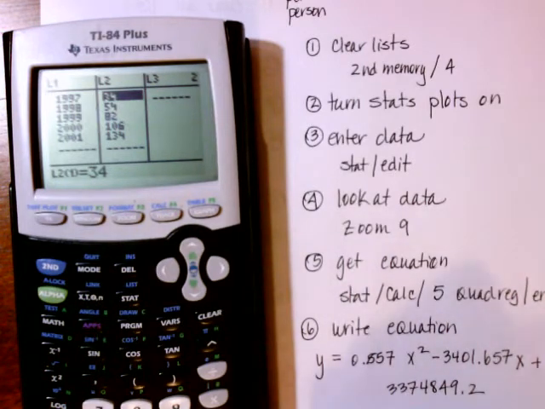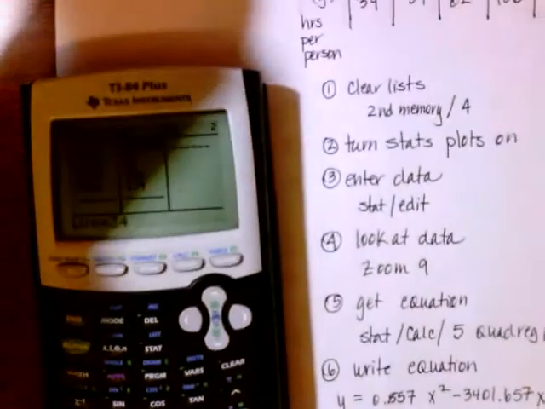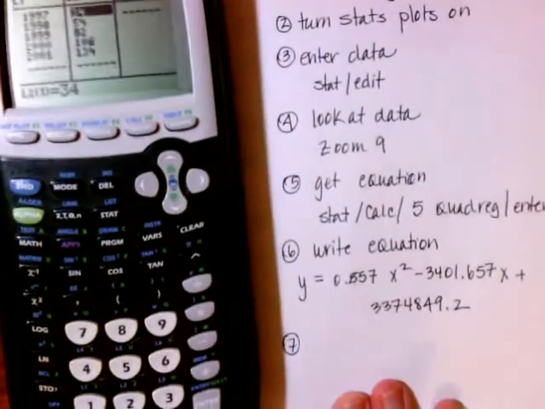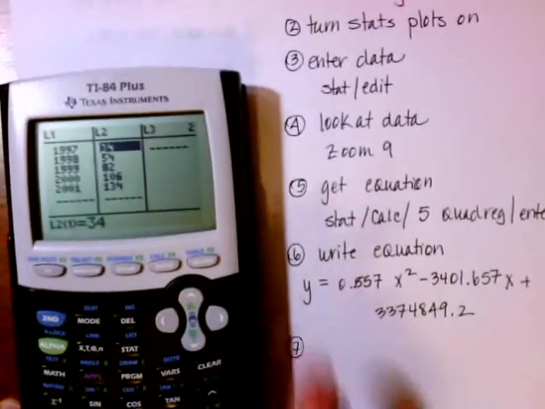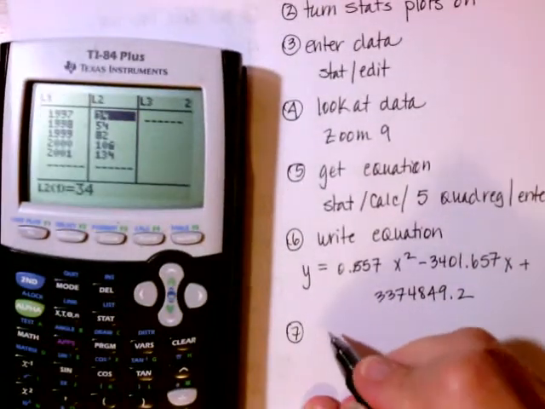Alright, so step number 7 is to bring that equation into your y equals so we can see it.